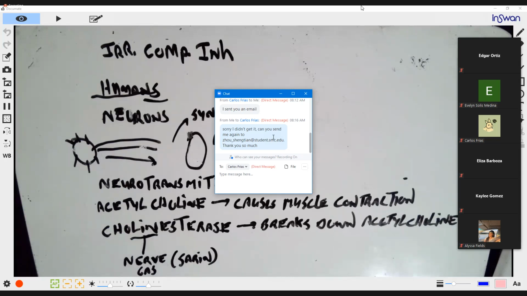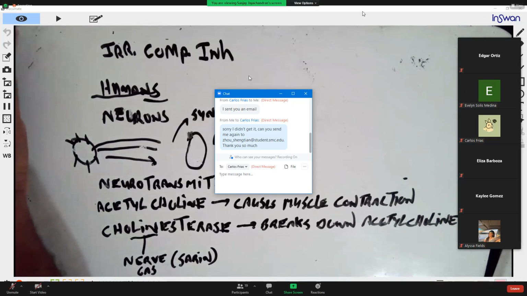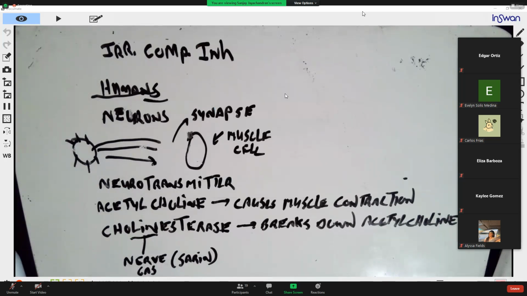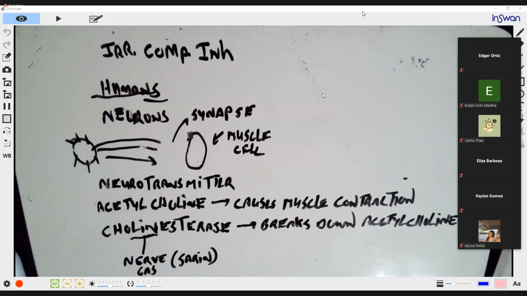Questions? We're good? I have a question about muscle spasms. Sure. So technically they're caused because the acetylcholine doesn't leave the neuron? There are various reasons. That could be one.